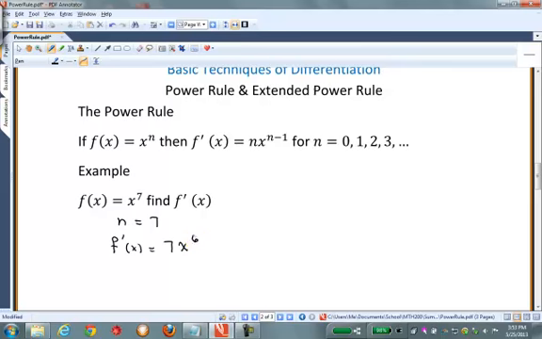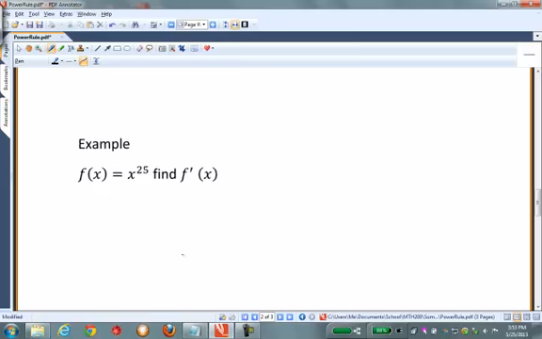It'd be 7x to the 6th. It's pretty easy. Suppose f of x is x to the 25th. What is f prime of x? Well, here the n is 25. F prime of x is, well, the old exponent comes out in front, and the new exponent is one smaller.